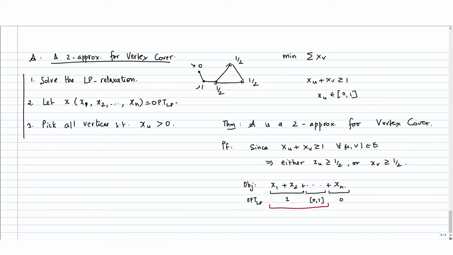So, I claim that what this algorithm has done is produced a solution, let us say y 1 plus y 2 plus and so on plus y n. So, every vertex now has y i's that are either 0 or 1. We want to prove that sigma y sub i is at most 2 times sigma x sub i, right.